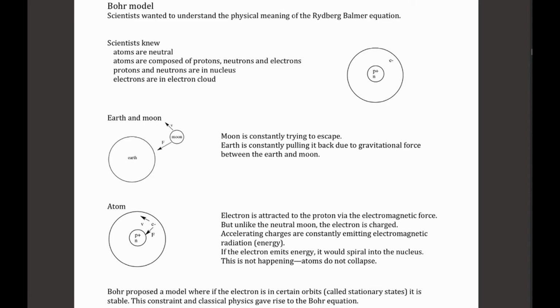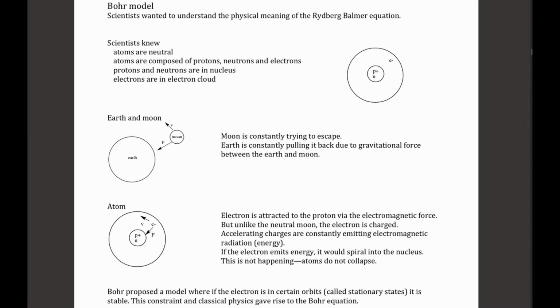The electron is attracted to the proton via what is called not the gravitational force, but the electromagnetic force. But unlike the neutral moon, the electron is charged.